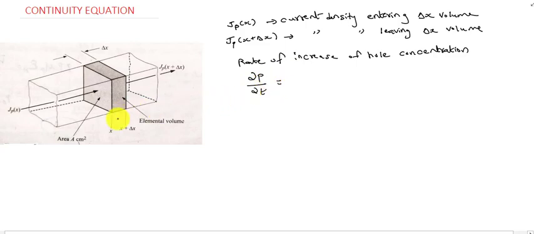In order to find this rate of increase in hole concentration, we have to consider the recombination effect also. So dou p by dou t is the net rate of hole buildup in this semiconductor, which we can define as the rate of holes entering minus the rate of holes leaving minus the recombination rate. That gives the net rate of hole buildup.